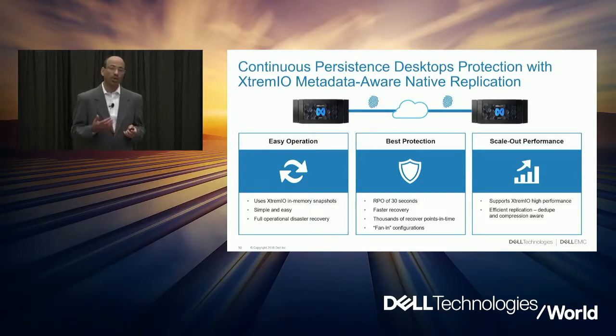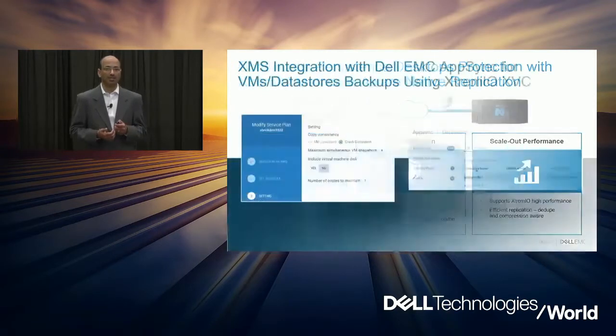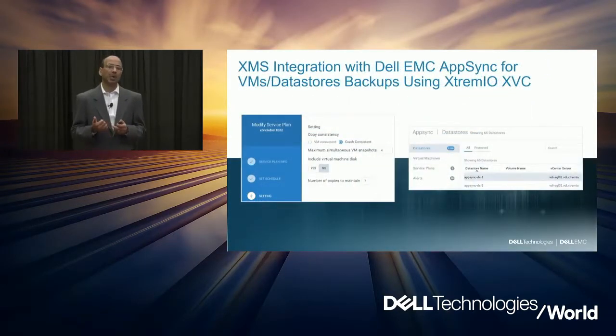Again, we are seeing vastly reduced WAN usage, up to 75% reduction in WAN bandwidth, as well as 38% capacity savings in various deployments.